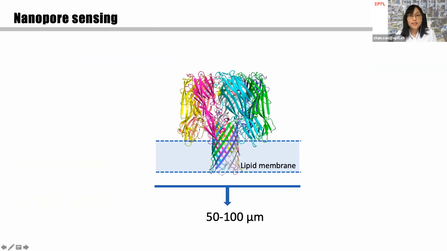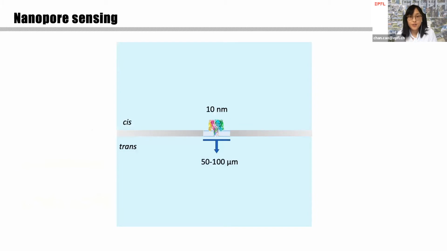How does it work? How does a nanopore detect the target molecular? Here I use classic alpha aerolysin as an example. First, for such a biological nanopore system, you need to have a lipid bilayer to support or hold the nanopore, which is insulated. And then the whole system is in a chamber, which is filled with a high salt concentration solution.